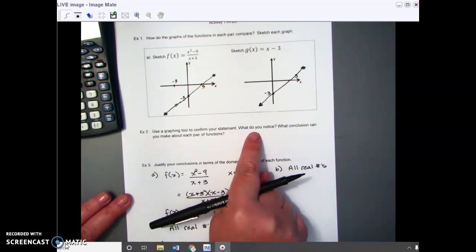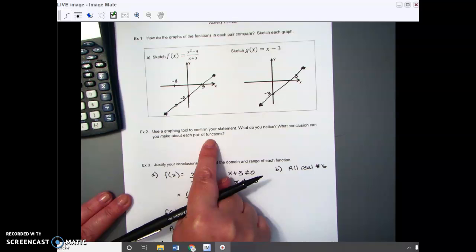So in example number 2, it says, what do you notice and what conclusions can you make about the pair of functions?